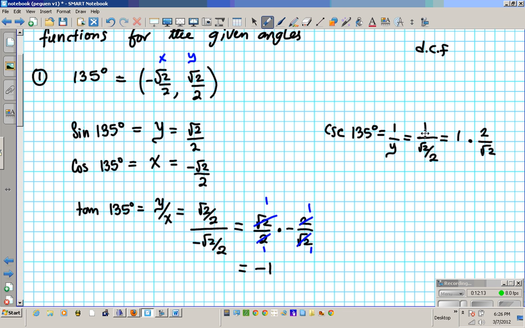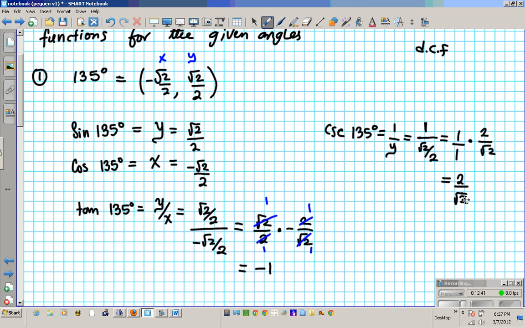Okay, so you drop whatever's on the top, change the divide to times, flip the bottom, and then you get this. I have an integer times a fraction. Let me make this a rational number. So 1 over 1 times 2 over root 2 becomes 2 over root 2. Okay, we've reduced our problem into a simpler problem.